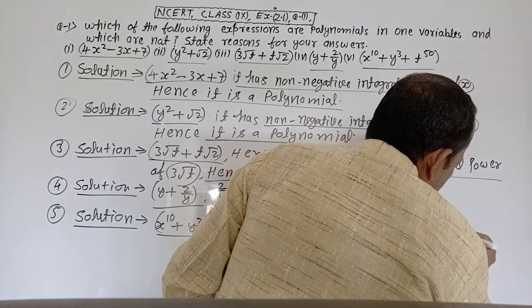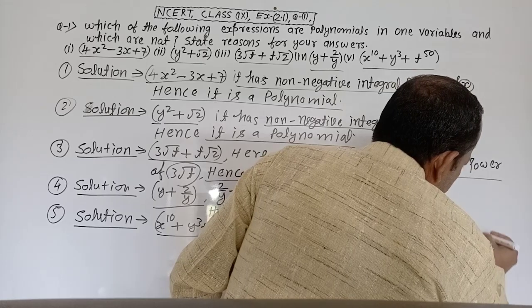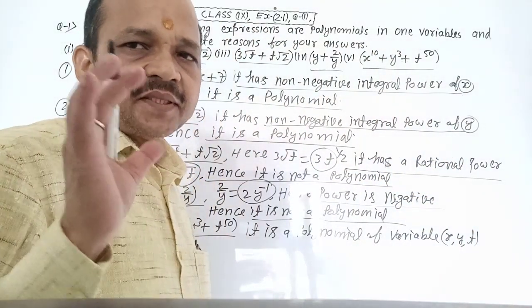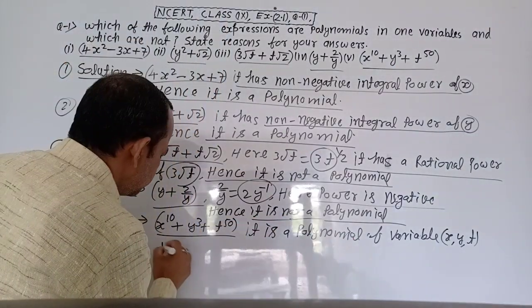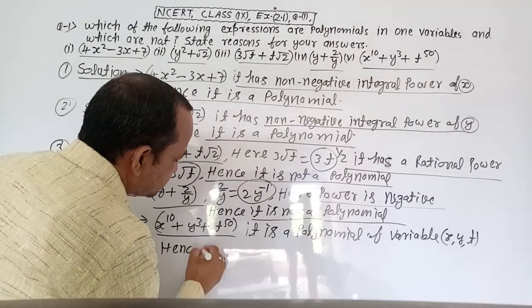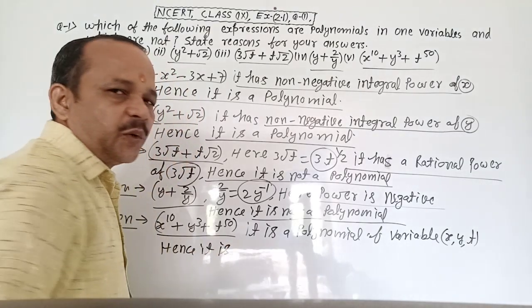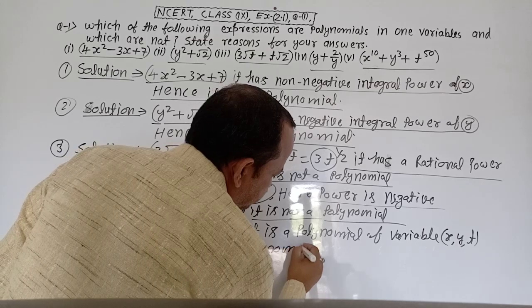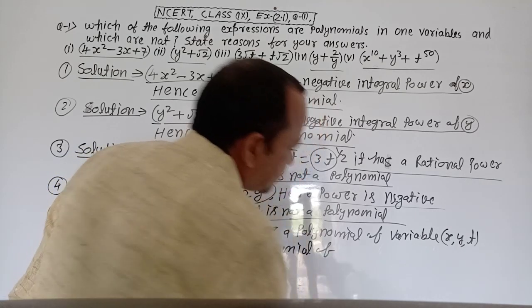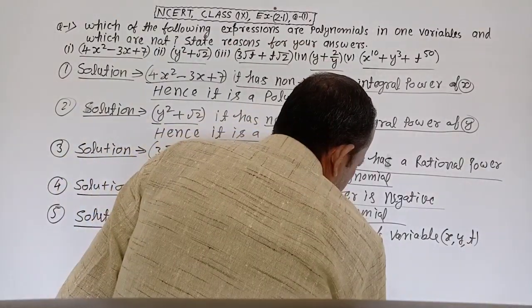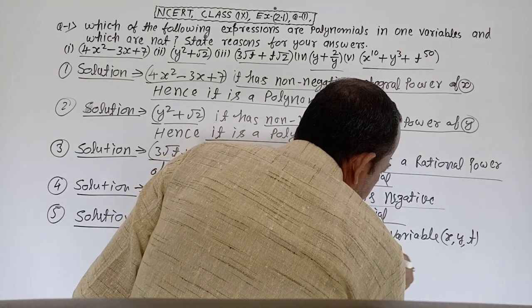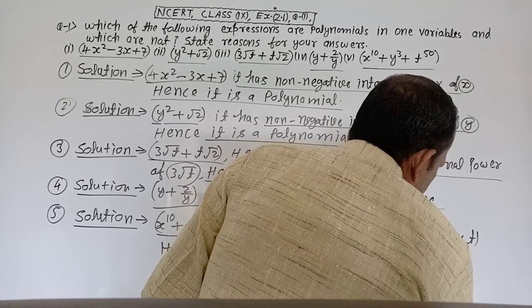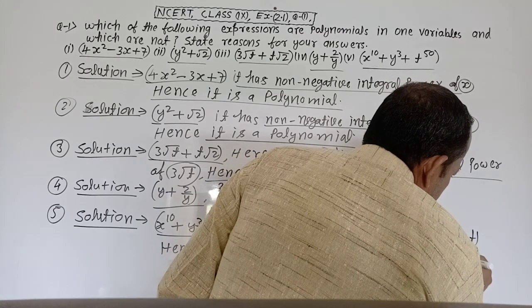Hence it is a polynomial of three variables x, y and t.